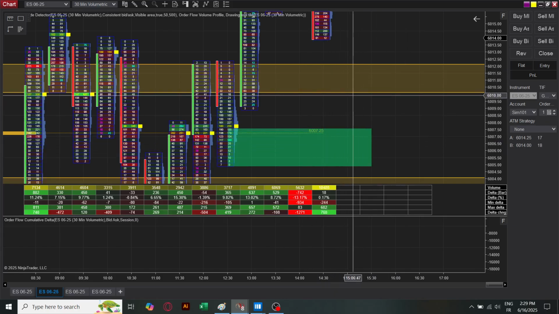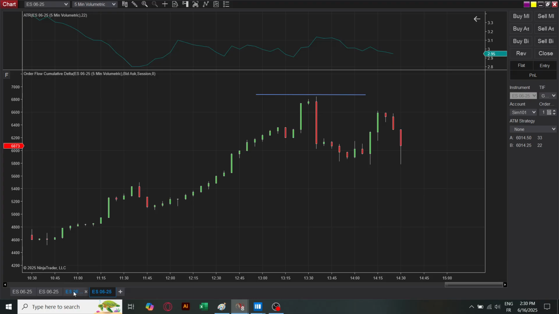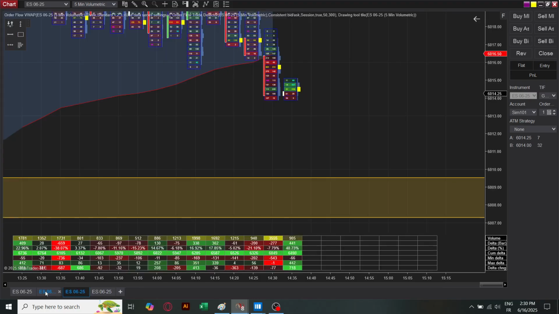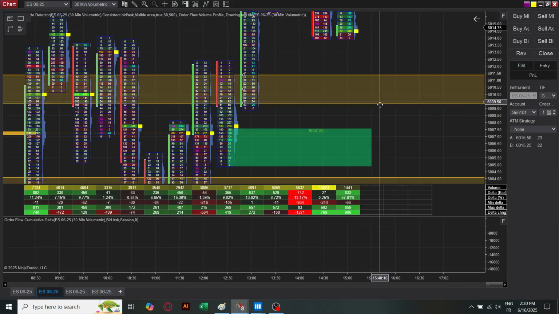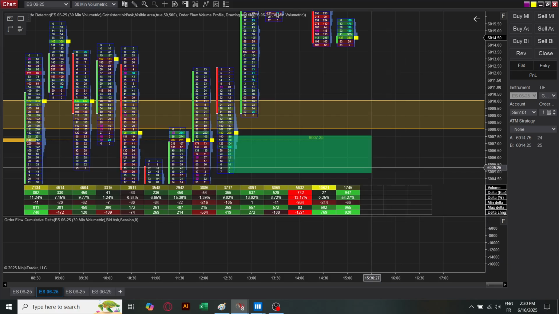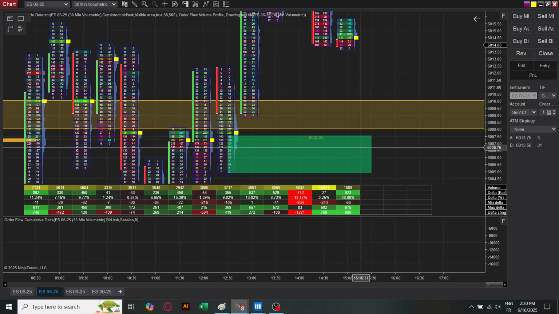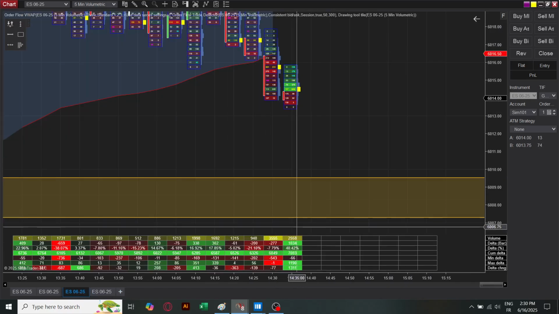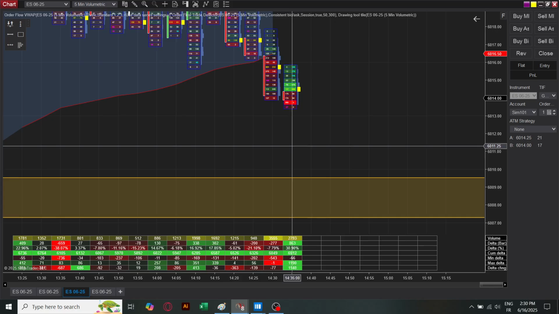So we will go long from this level, and I hope from this level over here. Of course, we can see that we have a bullish signal here, but I'm not going long. Some people will go long.